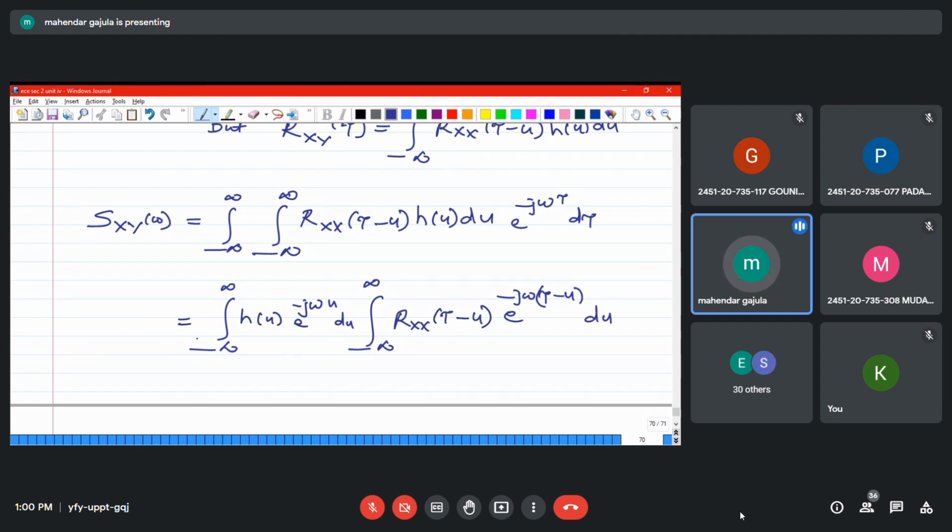In the first integration I have included e^(−jωu), and in the second integration I have included e^(+jωu). Both get cancelled and that gives the same expression.